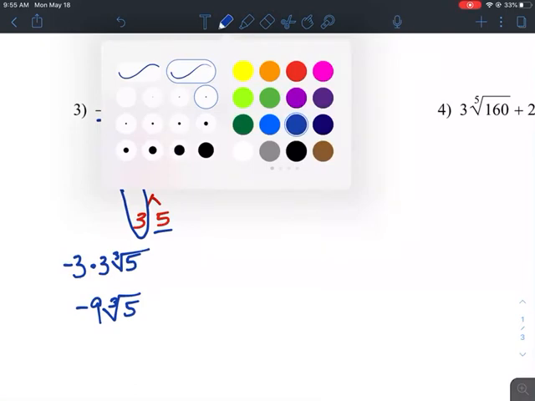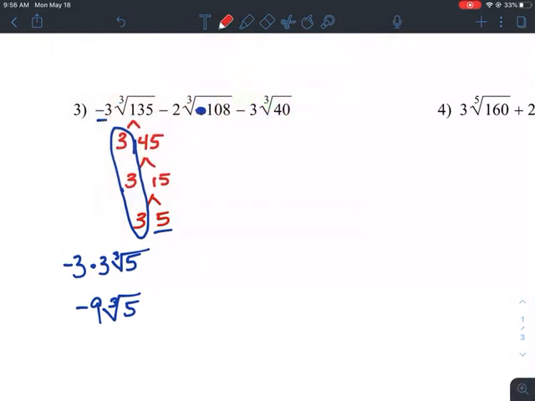Okay, number 2, the second radical. I can divide by 2, so that would give me 54, which I can divide by 2, which would give me 27. Can't divide by 2 anymore, but guess what? I can divide by 3, which would give me 9, and then 2 more 3s.